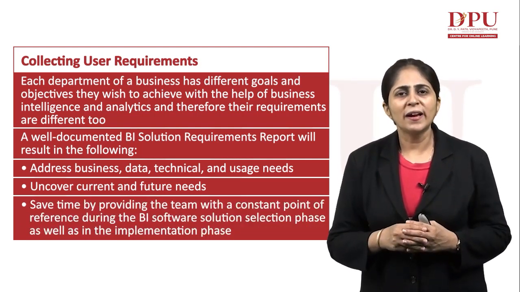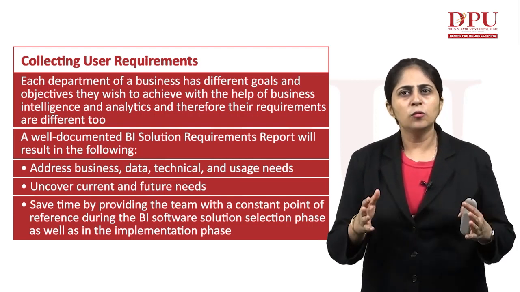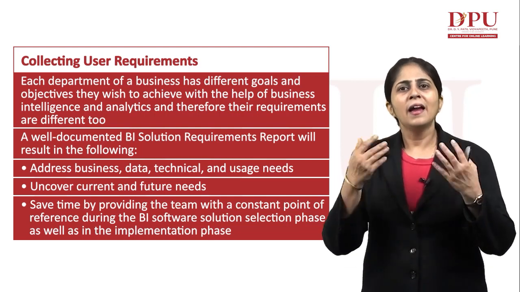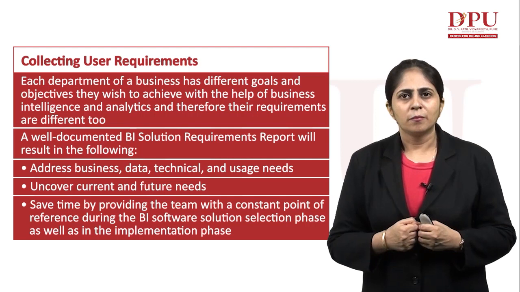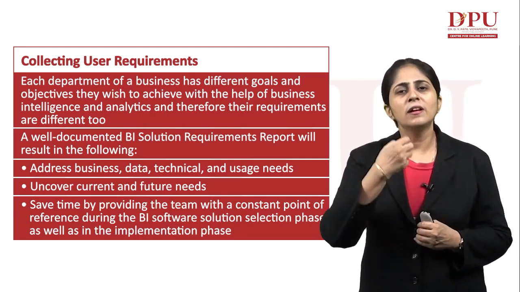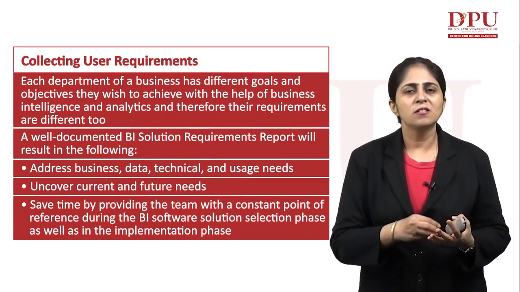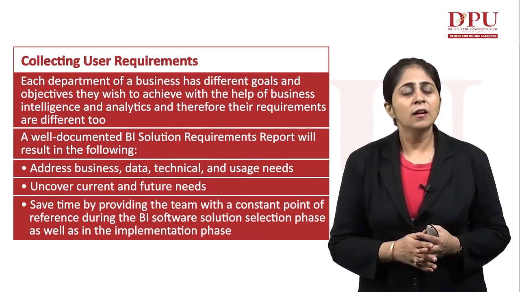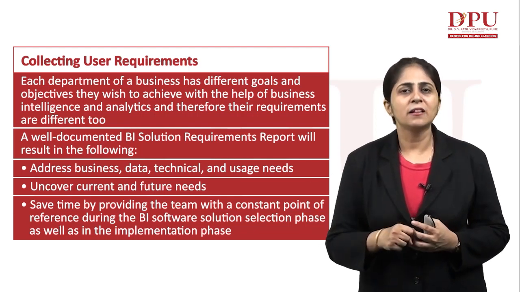Save time by providing the team with a constant point of reference during the business intelligence software solution selection phase as well as the implementation phase. This means we should involve our team in the selection phase, where we are going to use different tools and applications for building the project, and in the implementation phase.